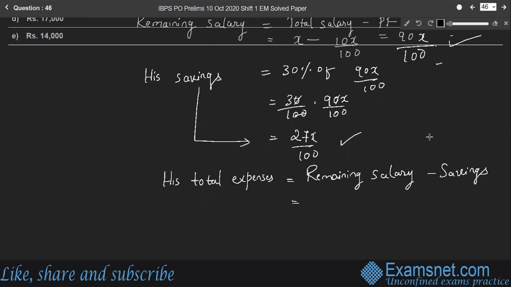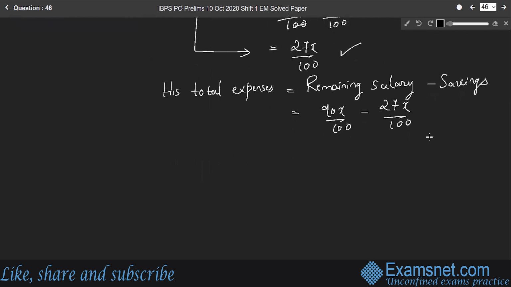Remaining salary is 90x by 100 minus savings 27x by 100, which is equal to 63x by 100. So this gives total expenses.